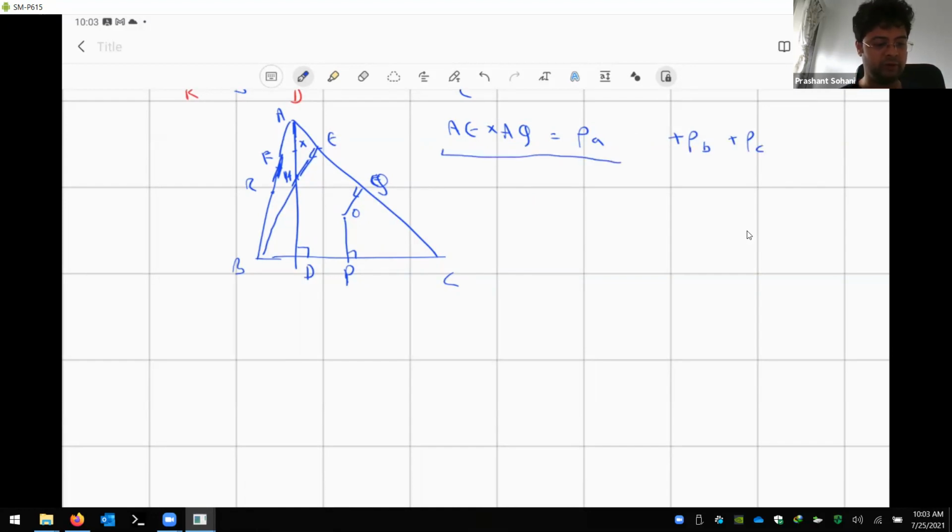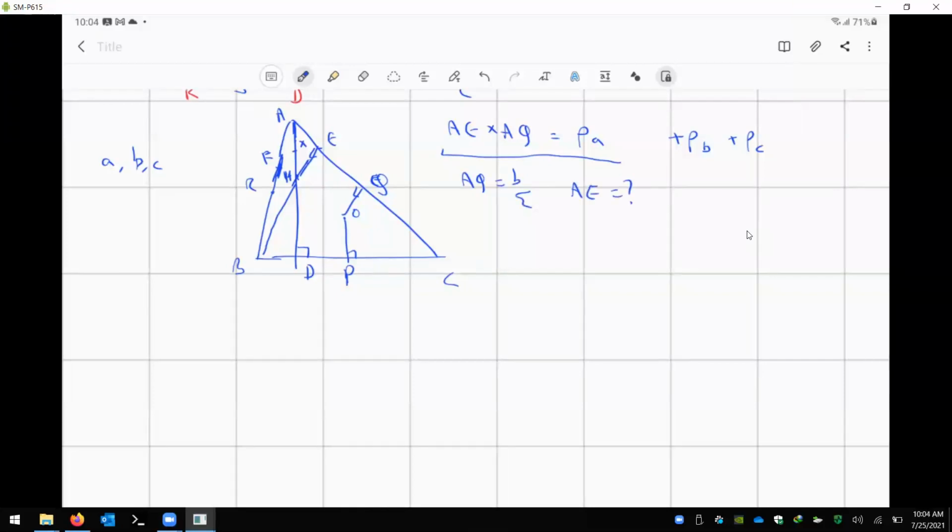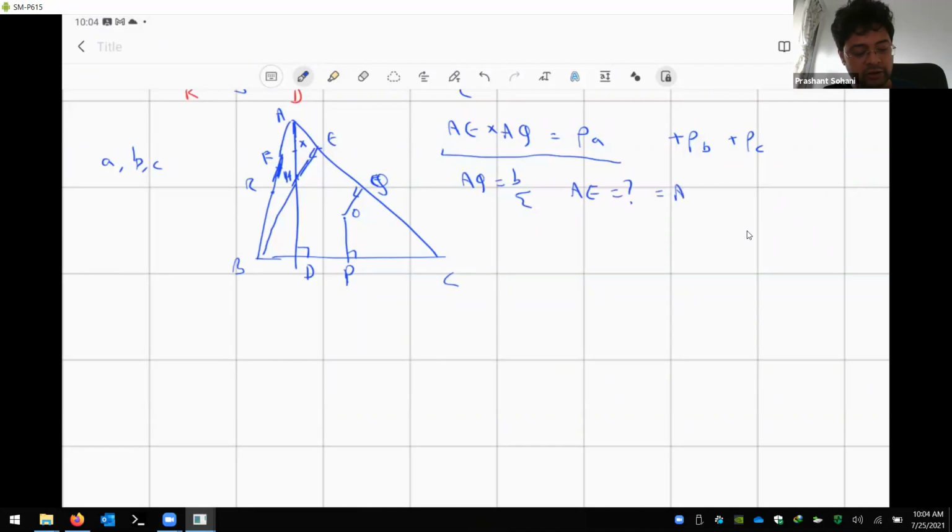Okay, and finally, everything has to be in terms of the sides of the triangle ABC. So to find AQ, it is obviously b by 2. What is AE? AE you can get using cosine of angle A. So this is AB into cos A, or alternatively, the extended version of the Pythagoras theorem.